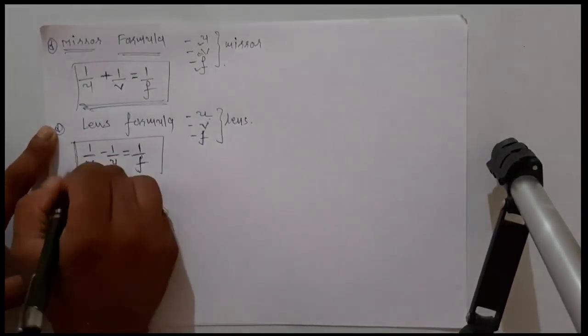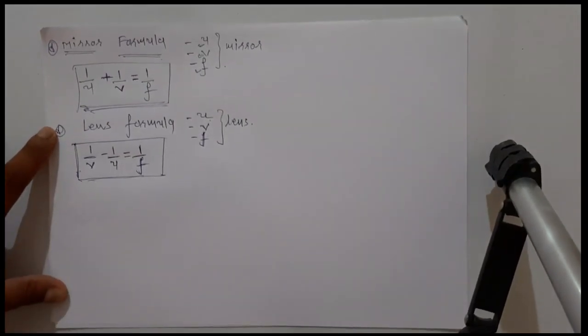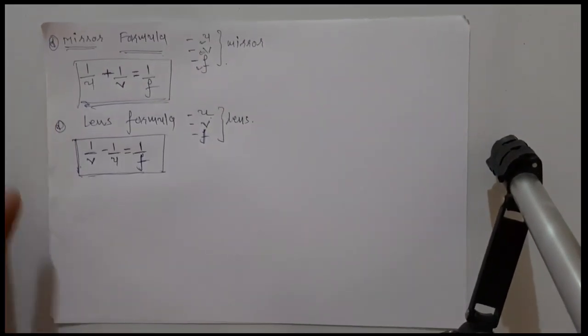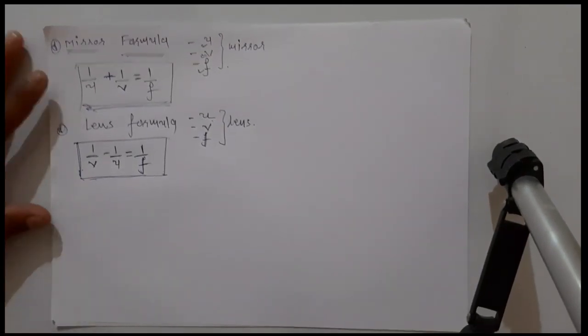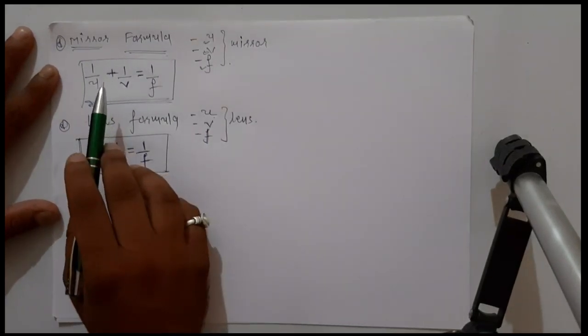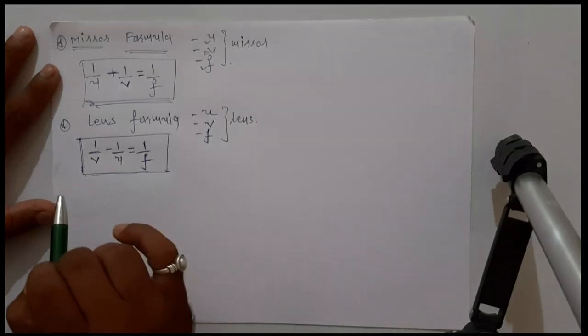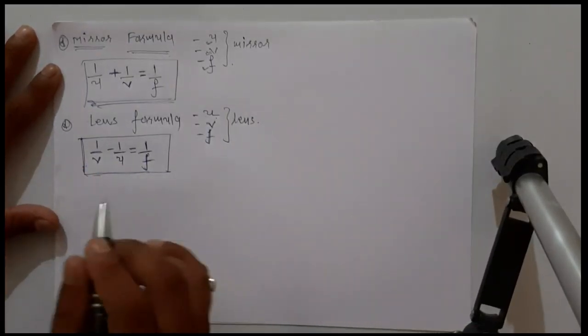So this equation gives us the relation between u, v and f. This is considered as our lens formula. Now we will have different types of sums in which we have to use either our mirror formula or our lens formula. It depends on which type of question is asked.